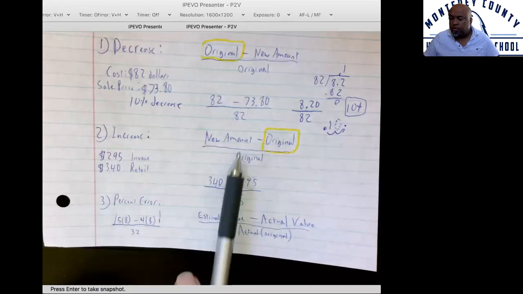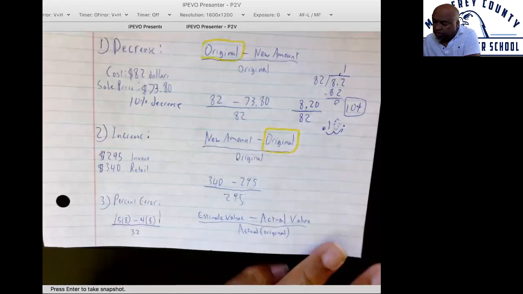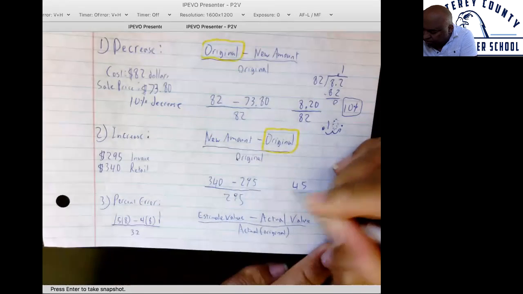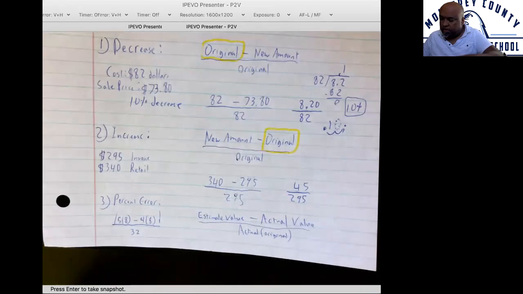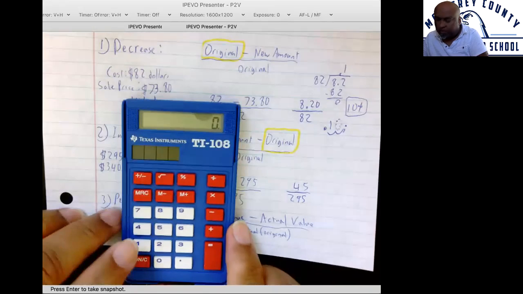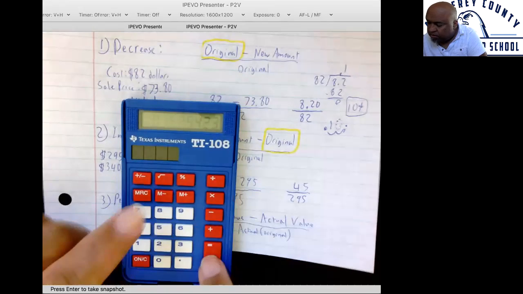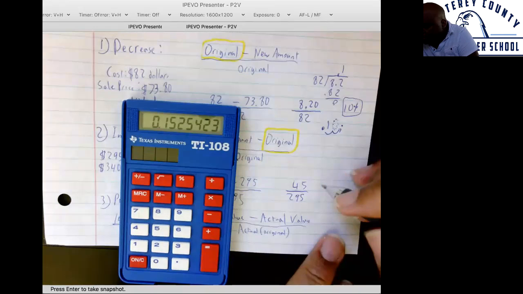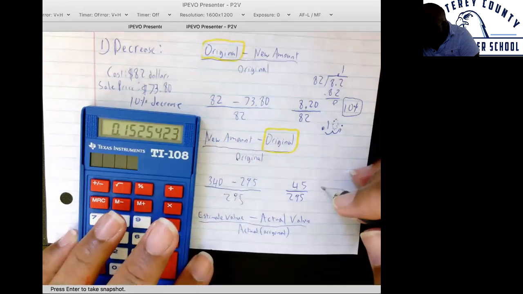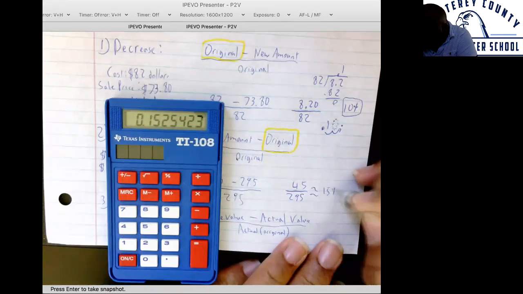So in this case, we want to take the new amount minus the original amount. 340 minus 295 divided by 295. So let's see. So that would be $45 divided by 295. And on this one, I'll just go ahead and use the calculator just to simplify here. 45 divided by 295 equals, looks like, so we'll just say about 15%.